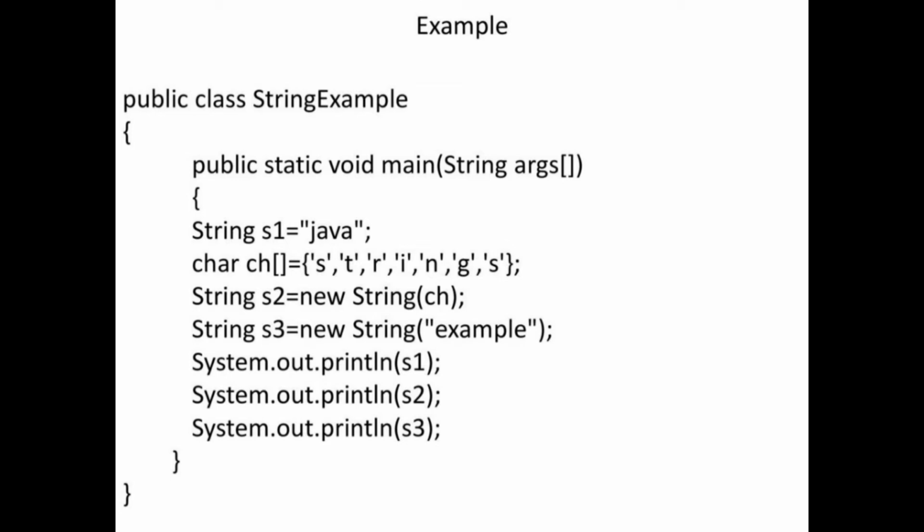All three are displayed using System.out.println of s1, s2, s3. First, s1 displays Java, second, s2 displays the strings, and s3 displays the example.